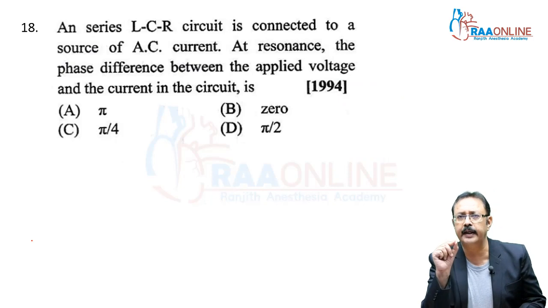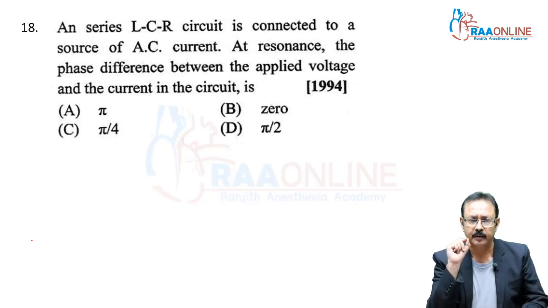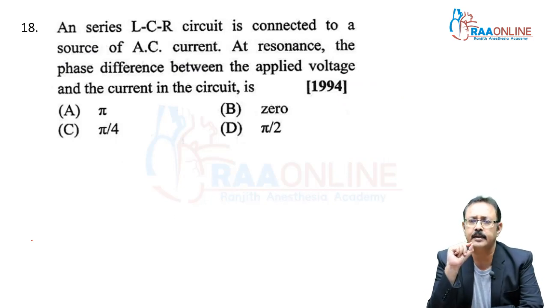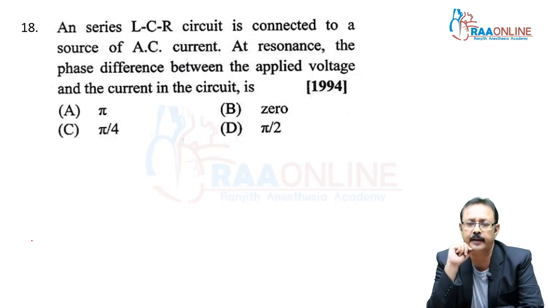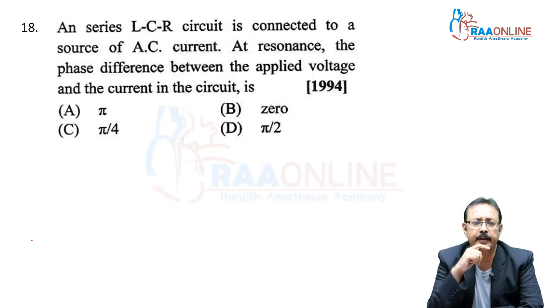18th from 1994 AIPMT. A series LCR circuit is connected to a source of AC current. At resonance, the phase difference between the applied voltage and the current in the circuit is. What is happening at the time of resonance? At the time of resonance, XL and XC become equal.